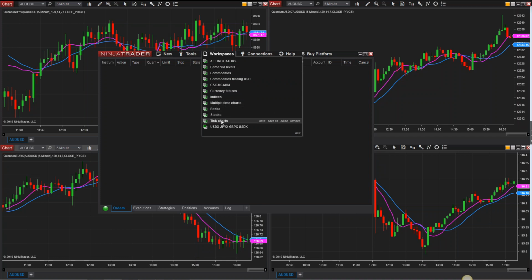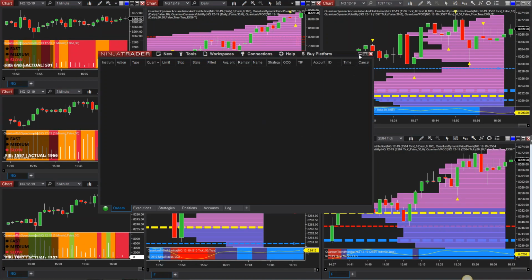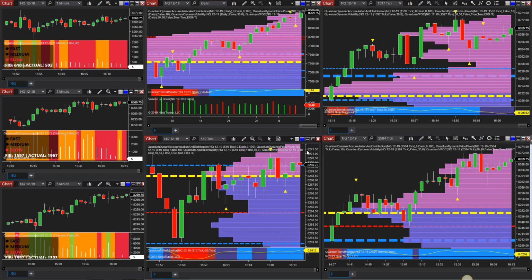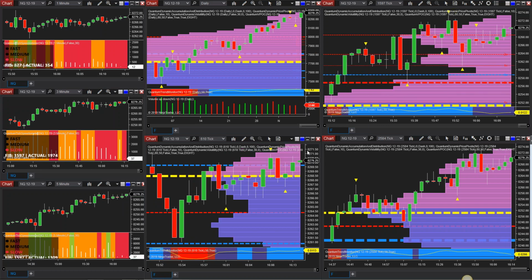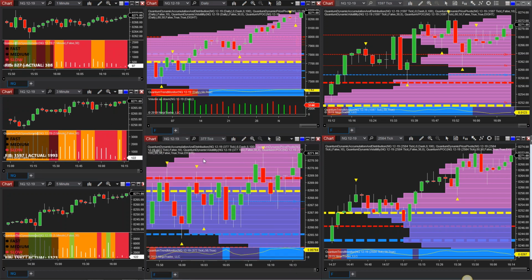Let's go back onto the tick charts again. And really that's reflected on the tick charts as well. These tick counts you can see are very sluggish. This was 610, this has now dropped to 377. So it's halved. In other words, there's a real lack of interest at the moment. That is reflected on the tick speedometer because we've gone into red.